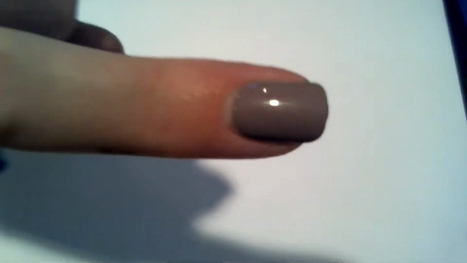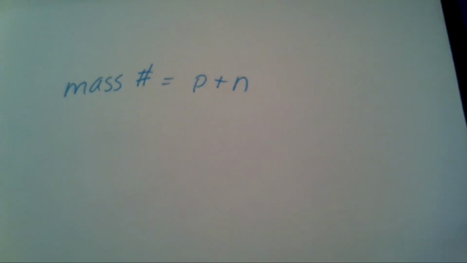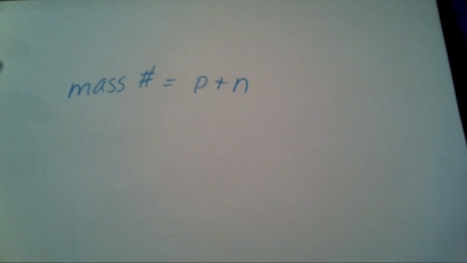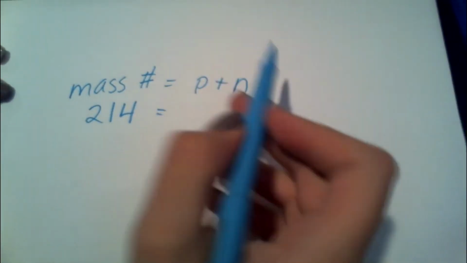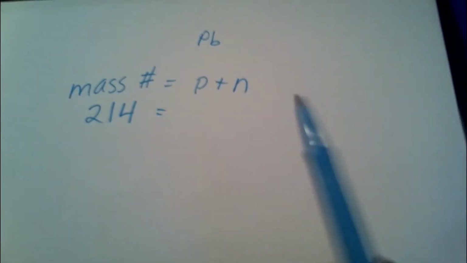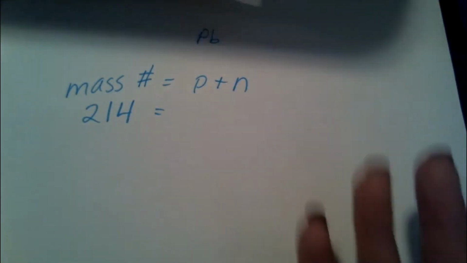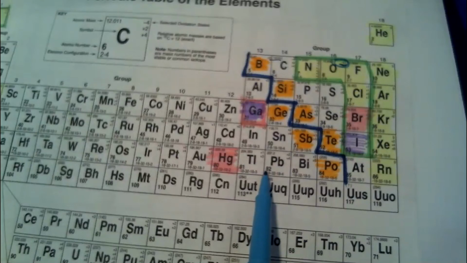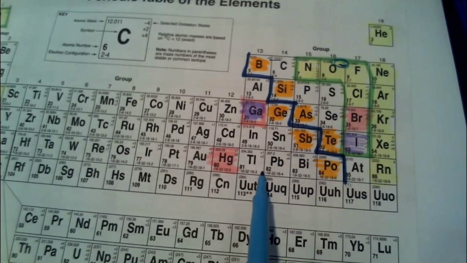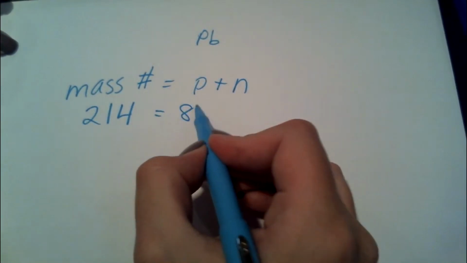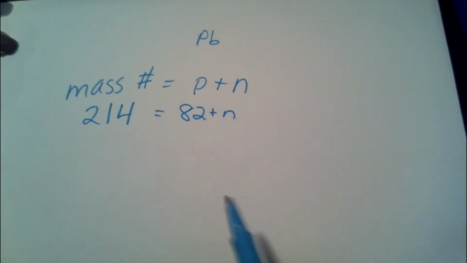Now, the mass number that we were given in the question was 214. And I know that the element is lead, Pb. If I look up Pb on the periodic table, the atomic number is 82. That's the number of protons it has. So I'm going to plug that in for P, and I have to figure out how many neutrons it is.